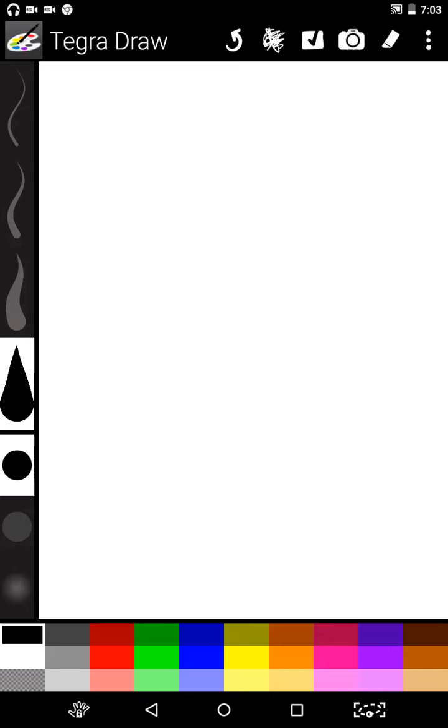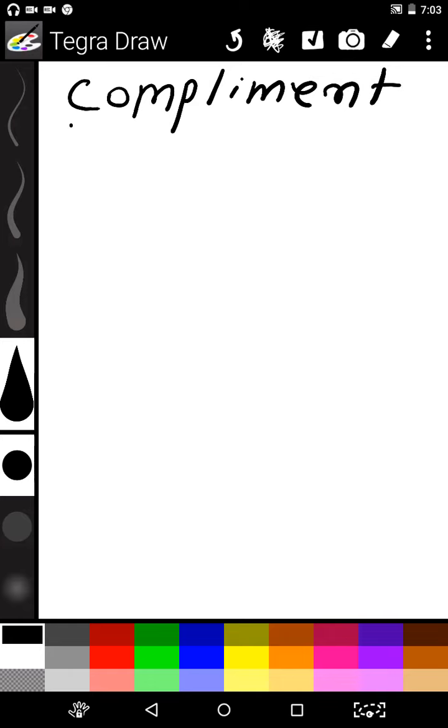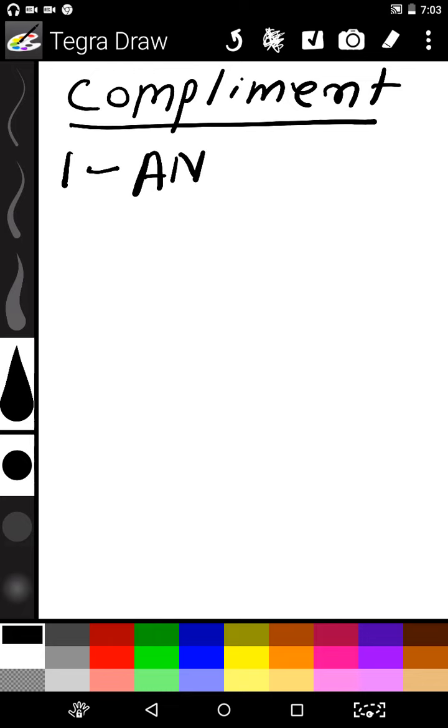Now we will go for complement representation. How to represent the complement of an expression? Before that, we should learn some steps. The first step is to convert AND to OR.